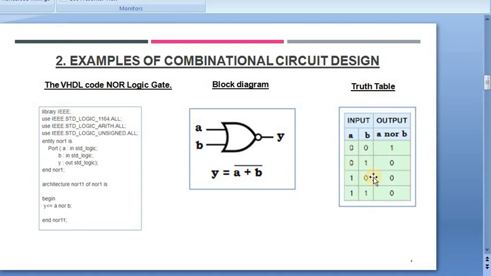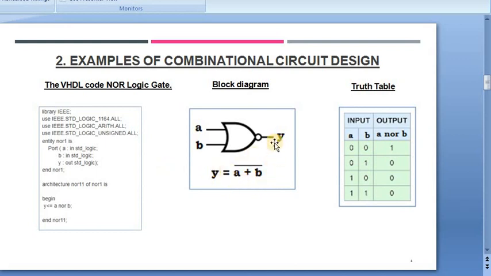These can be 0 0, 0 1, 1 0 and 1 1. So the output will be high only at one combination of A and B, that is when both are low, when both are 0 0. So the logical equation of NOR gate shall be Y equals A NOR B.